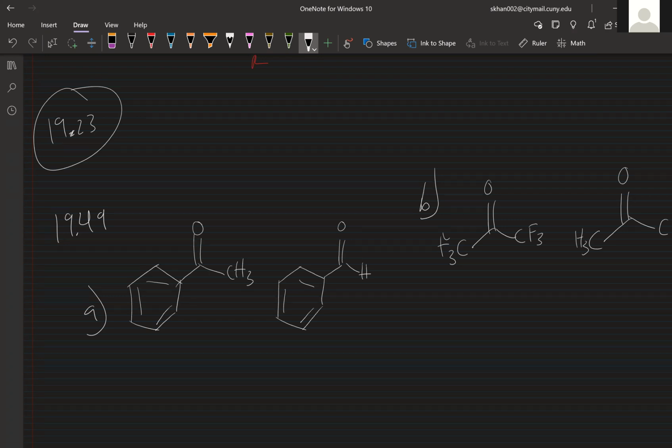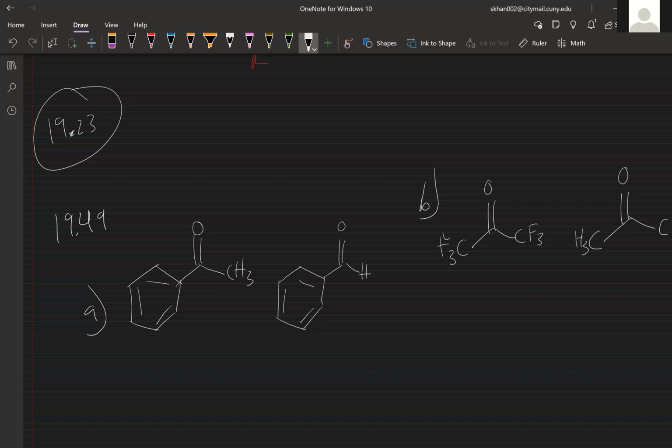So between the first two, you have a ketone and an aldehyde. So Ali there says aldehyde. Does anyone agree or disagree? What's the reasoning? We know it's more reactive, but why?